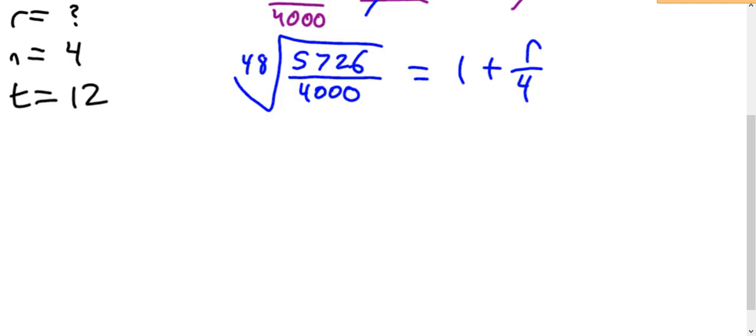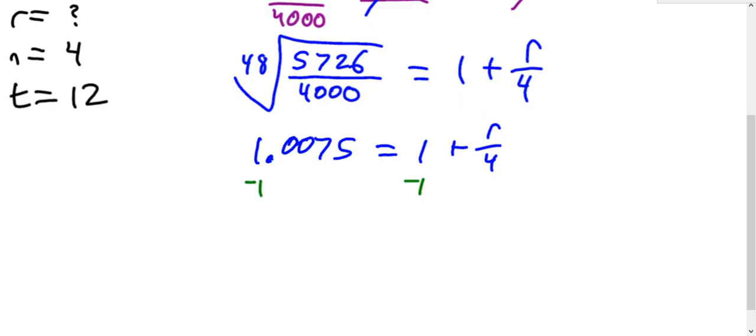So you type that into your calculator, you get 1.0075 equals 1 plus r over 4. So to finish that off, you would subtract the 1. So you just get 0.0075 and then multiply by 4 to find r.